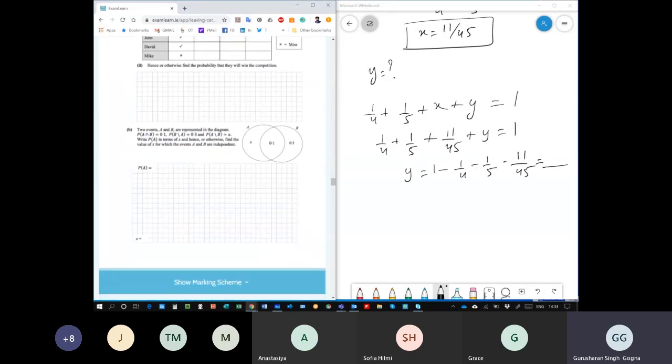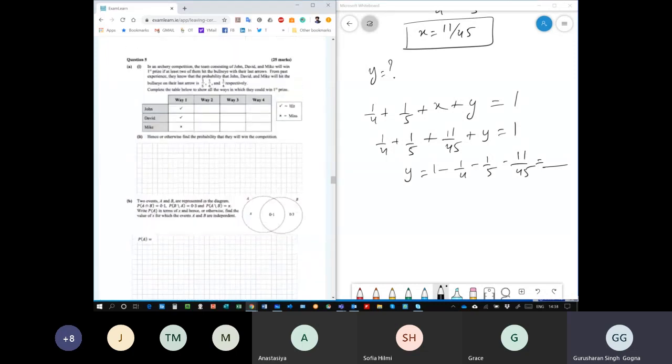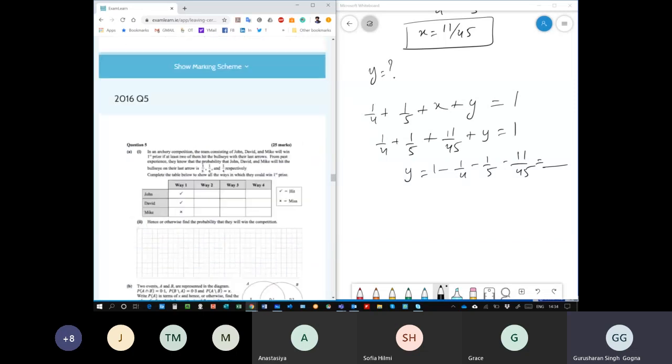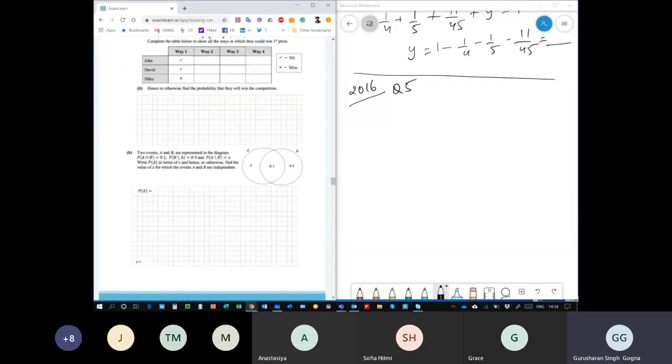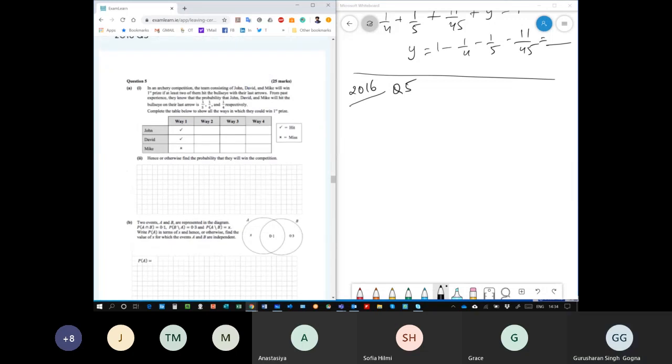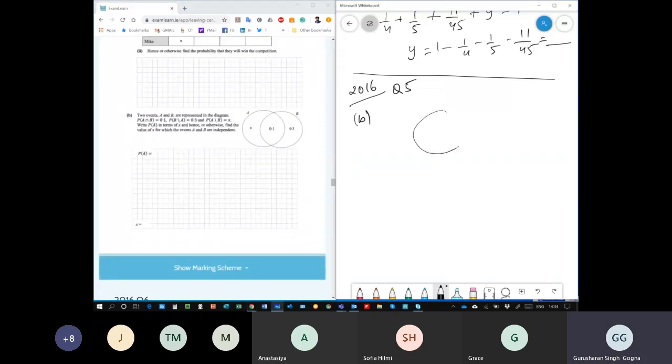Okay, this is another question. We can try that. This is 2016, question number 5. And I will do part B first. So you have the diagram there.